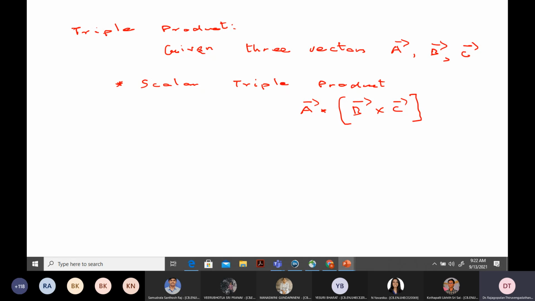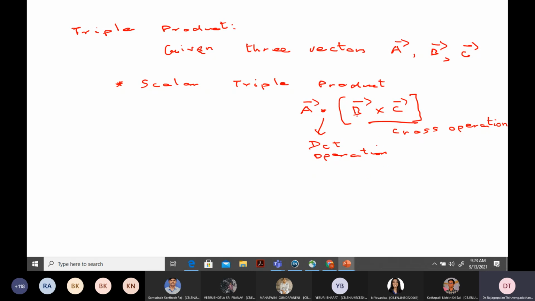This is a dot operation. This is a cross operation. Because I had written the bracket, normally in mathematics you first address the term within the bracket, and B cross C will yield a resultant vector.